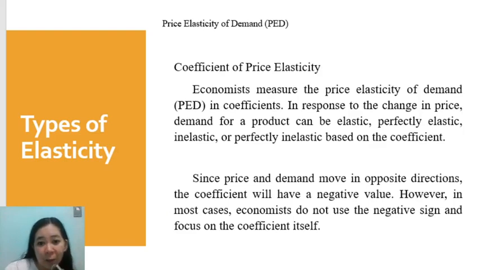Since price and demand move in opposite directions, as we explained earlier, the coefficient will have a negative value. However, in most cases, economists do not use the negative sign and focus only on the coefficient itself. So we will disregard the sign.